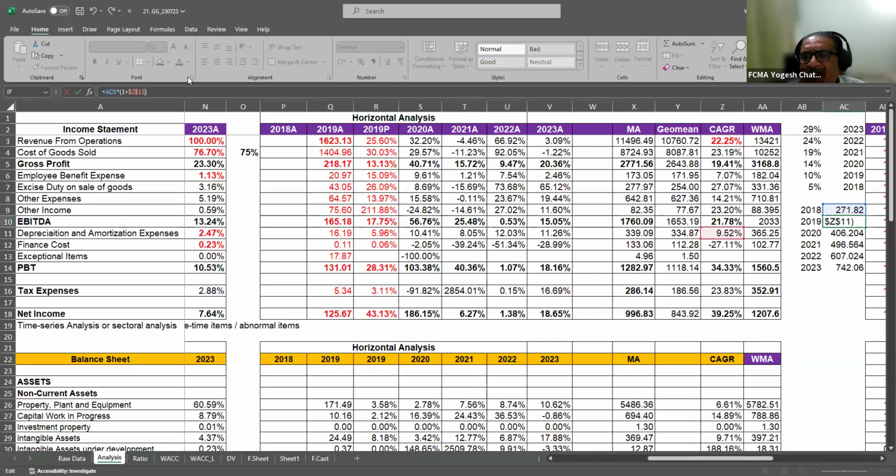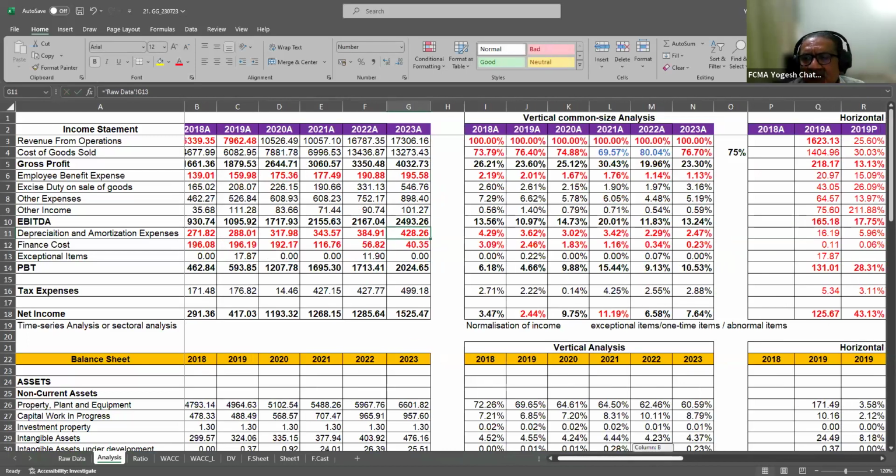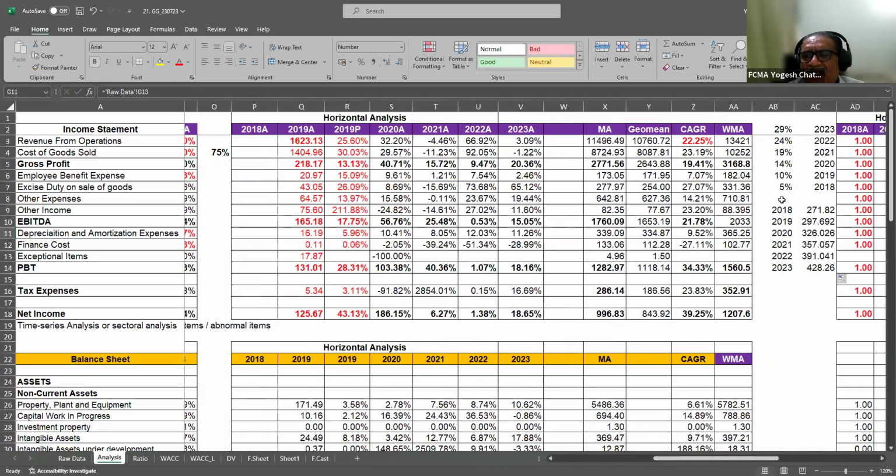So we will adjust that, and that will give us 428.26 crore in 2023. And as you can see, that is 428.26 crore in 2023. So that is the compounded average growth rate. I hope that was useful.